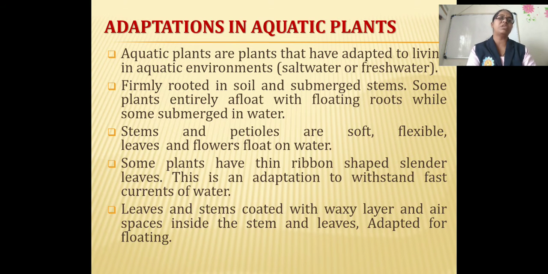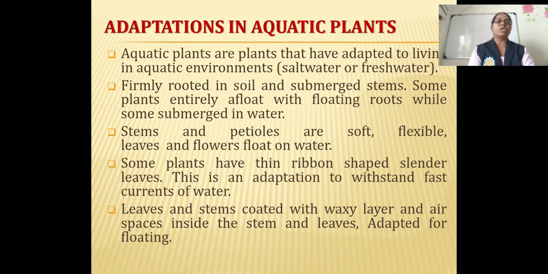In that, first one is aquatic plants. We know the meaning of aquatic plant: the plants which live in water are called aquatic plants. So aquatic plants show some adaptation, adapted to living in aquatic environments. They are firmly rooted in soil with submerged stems. Some plants are entirely afloat with floating roots, while some are submerged in water.